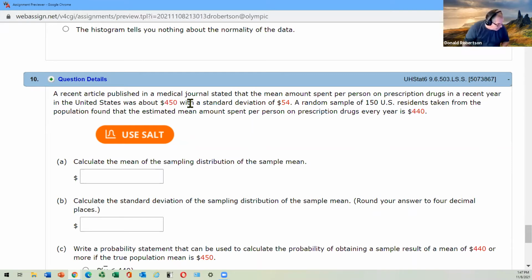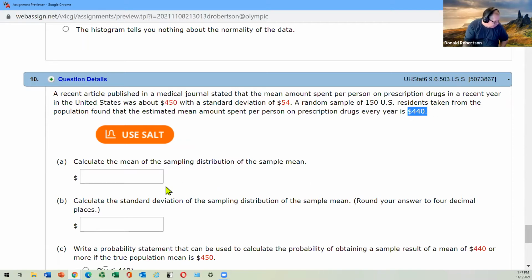And then I read it a little bit further and they take a random sample of 150, so that n is 150. And they found that the estimated mean spent per person on prescription drugs is 450. So in this sample, we have both things. Don't we have a mu and a sigma, an n, and don't we also have an x bar?